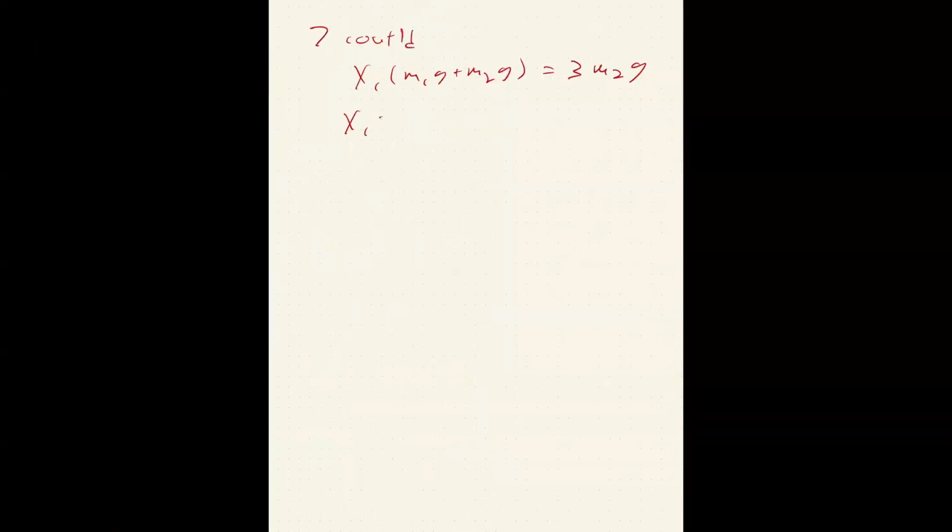So x1 times 20g plus 30g. Back, well, yeah, we'll go back. 20 times 9.8 plus 30 times 9.8 equals 3 times 30 times 9.8.